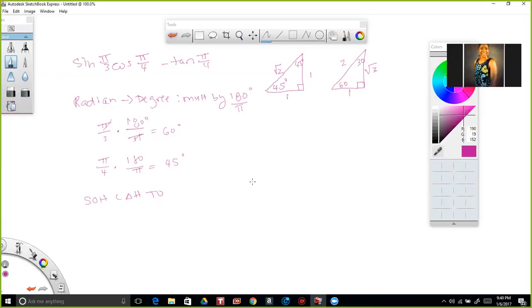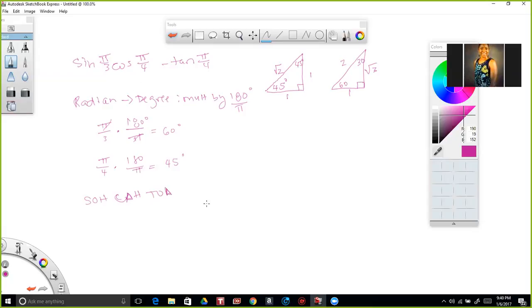Let me get my ink pen. This is a CA. Now we can relate this. Remember that in SOHCAHTOA, this is O, so sine is opposite over hypotenuse, cosine is adjacent over hypotenuse, tangent is opposite over adjacent. So let's not forget that.